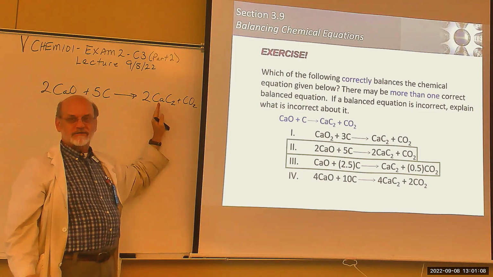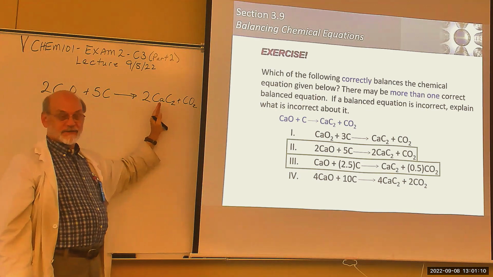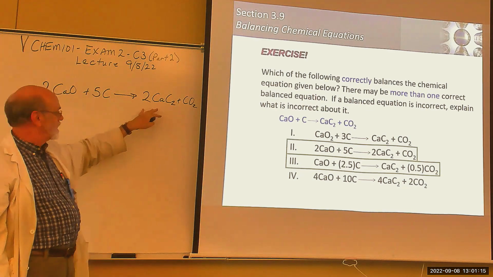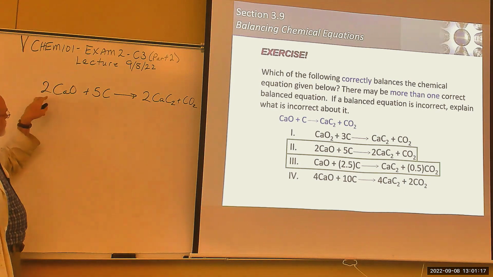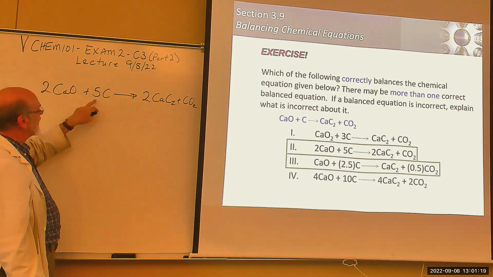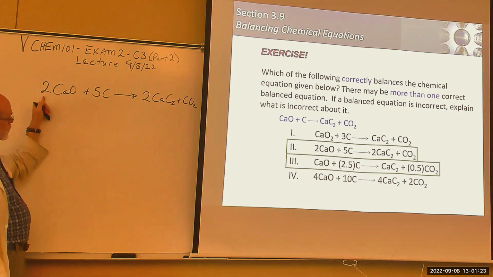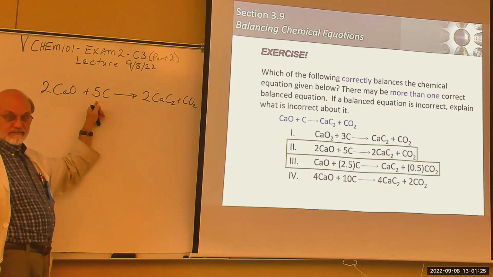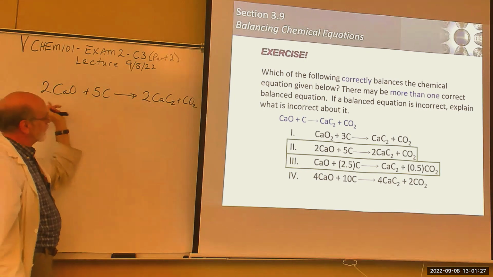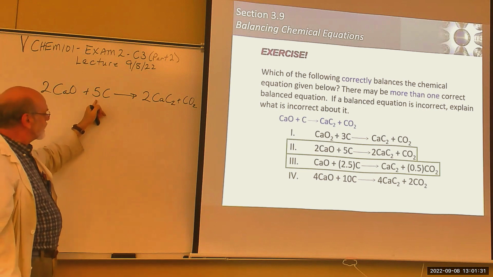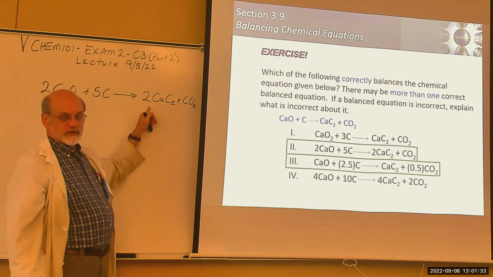It's not a trick question. 4 moles, because it's 1 to 1, right? Start with 4, end with 4. And if we have 10 carbons, because we doubled this one, so we've got to double that one, right? Ratios work here and they work here. So if we have 10 here, how many of these will we produce?